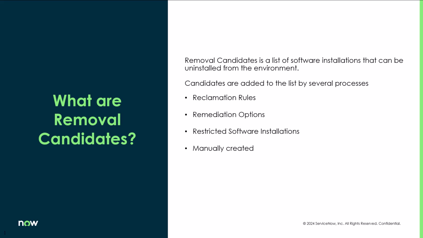Another way they get generated is automatically by restricted software installations. Software models can be flagged as restricted, and when those installations are detected for that software model, those removal candidates get automatically created. And lastly, you can also create removal candidates manually.